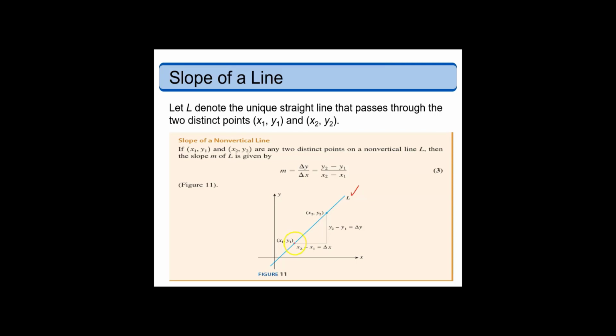Point 1 is x1, y1. Point 2 is x2, y2. The slope is represented as the vertical change over the horizontal change.